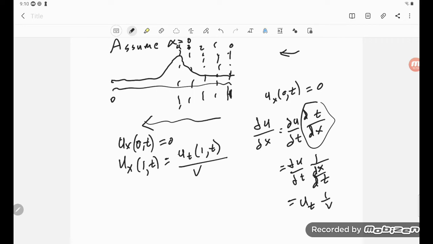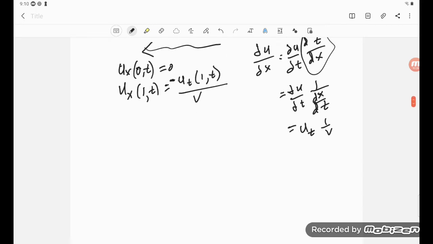But actually, yeah, now that we look at the picture, however, the derivative u sub x is negative there. So really we need a minus on that. Okay, so now they are ready to go. And we'll add the two together.